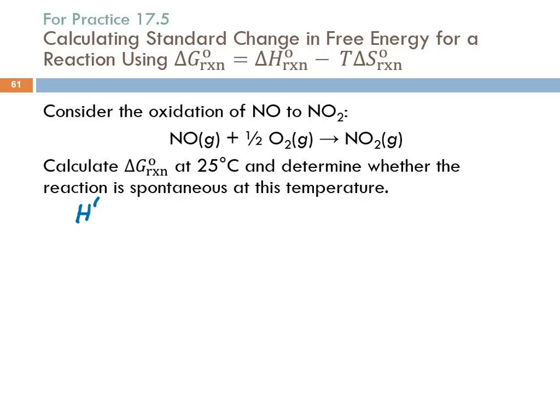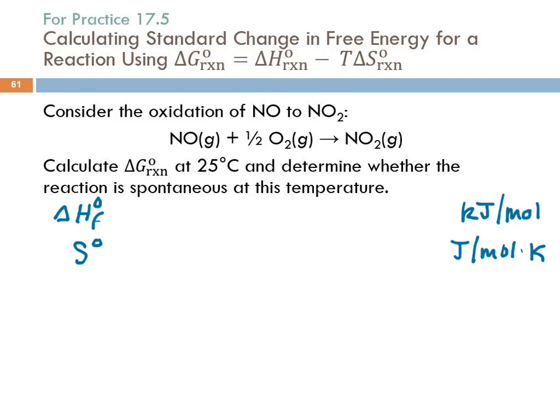We need delta H, standard heats of formation, and we need standard molar entropies for both of these. I'll stick that over here. See if I can line it up. These are going to end up being in kilojoules per mole, heats of formation, and these will be in joules per mole Kelvin. So we'll have to watch out for that.